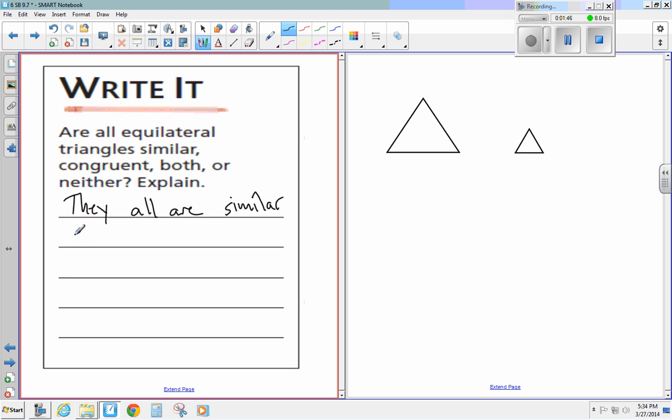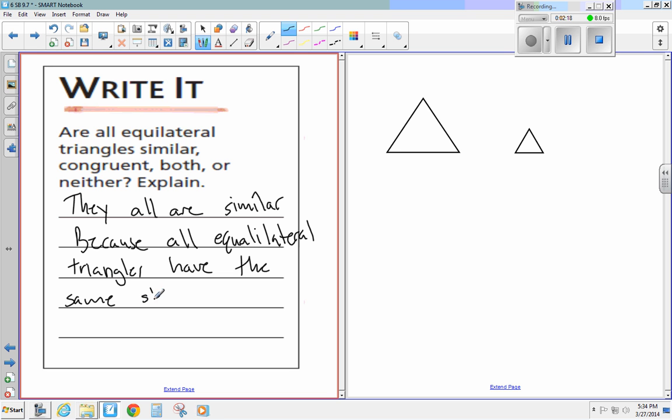They are all similar because all equilateral triangles have the same shape and the same angles.